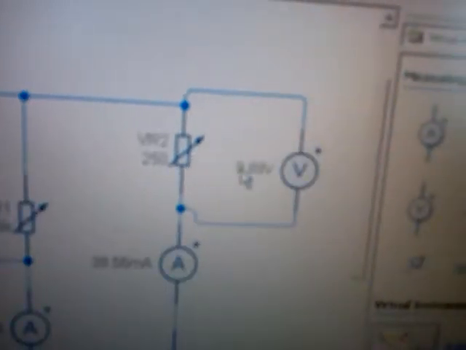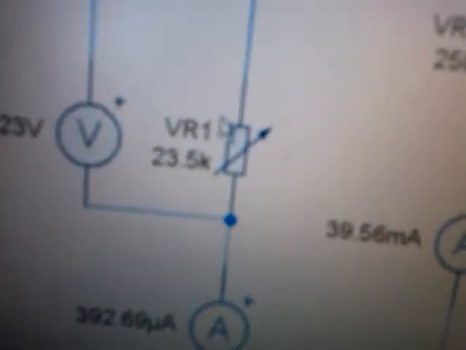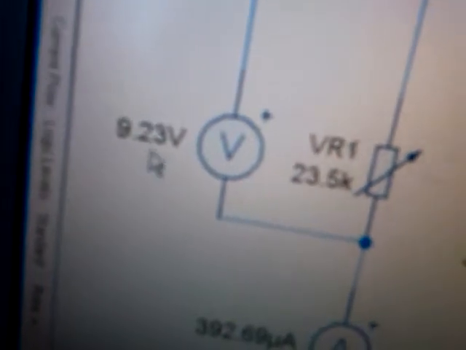Now let me start the simulation. Now we can see from the VC, 250 ohms, 9.89 volts, which is equal to the voltage supply, and the current is 39.56 milliamp, approximately 40 milliamp from our calculation, and the VB is 9.23.